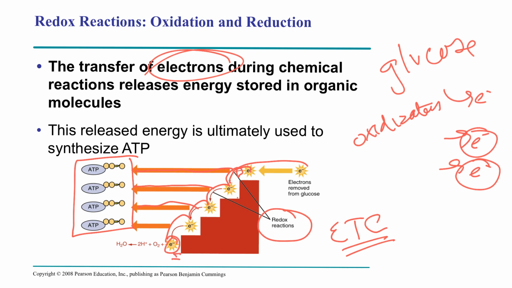Notice they're very low energy electrons, and it just so happens that oxygen is right there to catch them. Oxygen, as you know, if you've had chemistry, is extremely electronegative. In other words, it is an electron magnet. And so oxygen becomes reduced. It takes those electrons, and look, there's my two hydrogens that are always around, and I end up making water. So that's going to be the final act of my cellular respiration process.